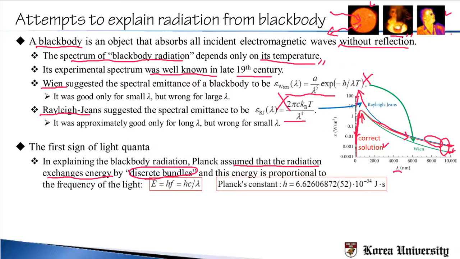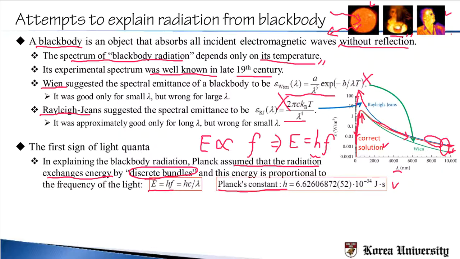This elementary amount of discrete bundle, he assumed, was proportional to the frequency of the light coming from this radiation. Whenever two quantities are proportional to each other, you need the proportionality constant, right? So he wrote h as the proportionality constant. This h has now become the famous Planck's constant, and it is a number like this.